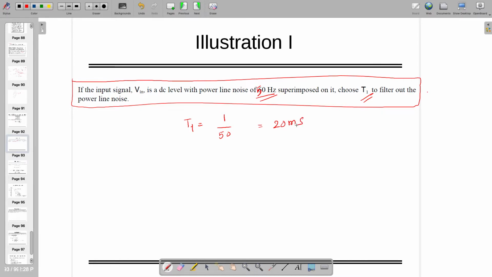If it is less, then you are still going to see all this noise. It should be exactly T1, not less or greater, as Saurav is suggesting, so that 50, 100, 150 fall exactly at the nulls.